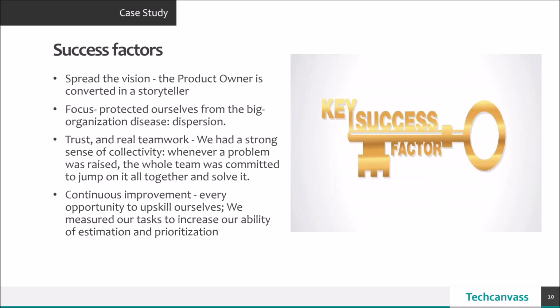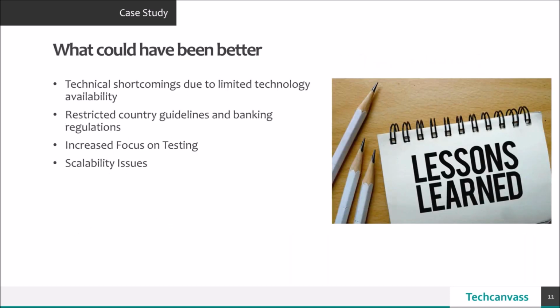Now we talk about what could have been better, what did not go so well. There were a lot of technical shortcomings which I think the sales people had agreed upon earlier when they were selling the project.